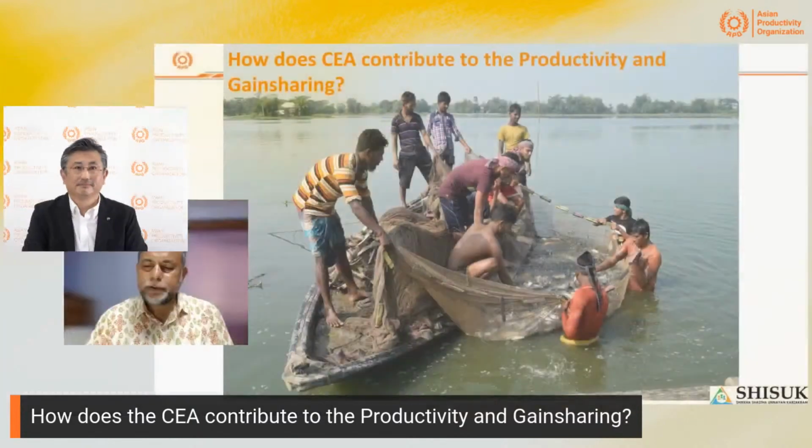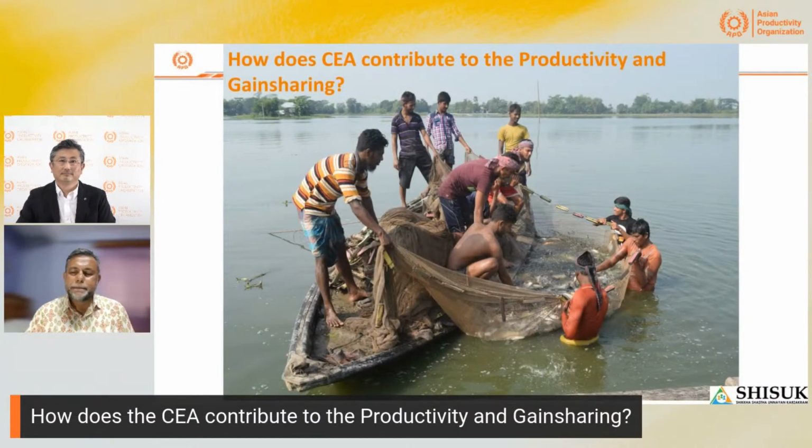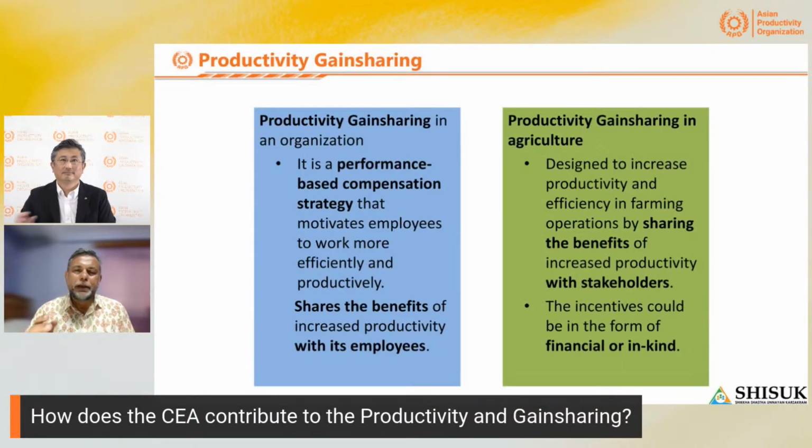Okay, thank you. As you explained very clearly, productivity gain sharing for any organization is performance-based compensation for the employees. On the right, we try to show how this productivity gain sharing is applied in the agriculture sector.